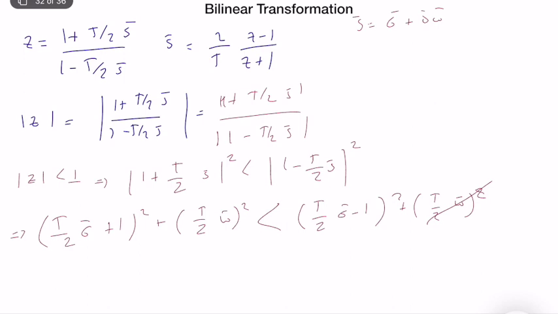As you can see, terms will cancel, and it implies that magnitude of Z less than 1 simply implies that sigma bar is less than 0. Sigma bar less than 0 is the only chance that this inequality will hold, because there's plus 1 here and minus 1 here.